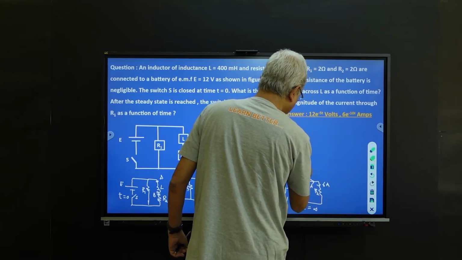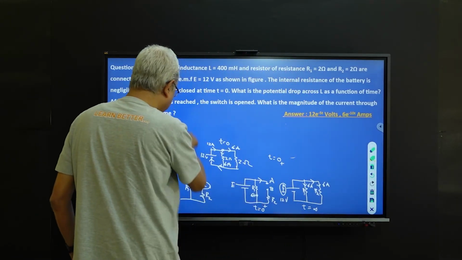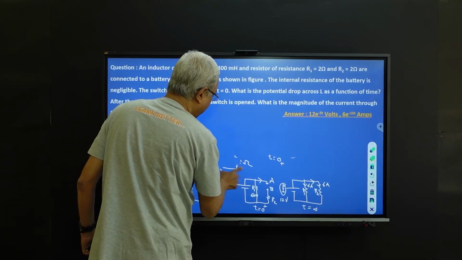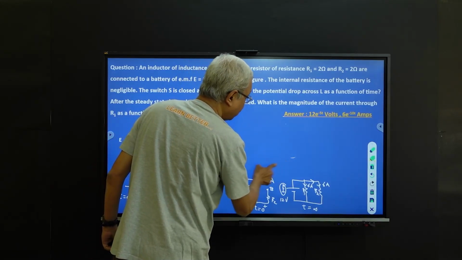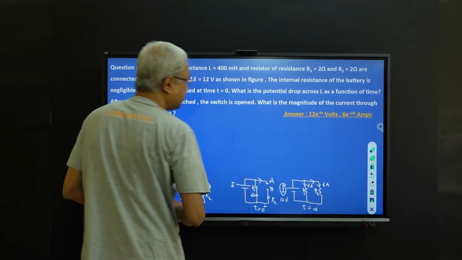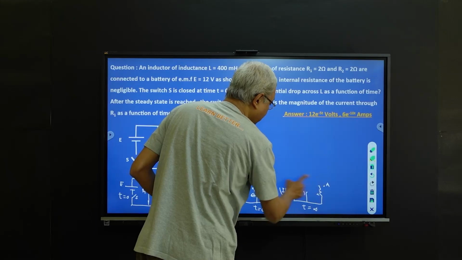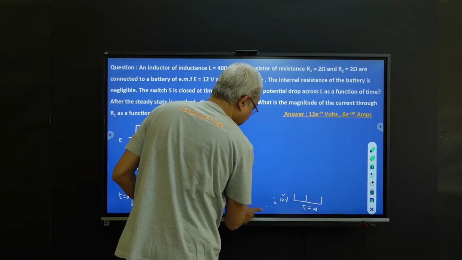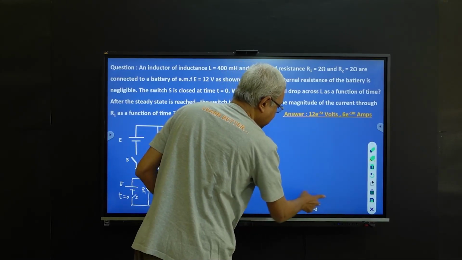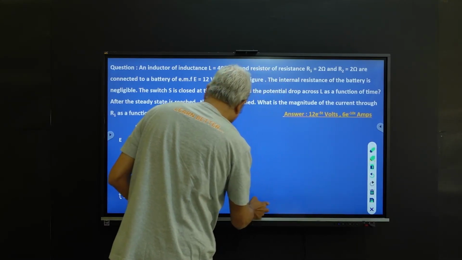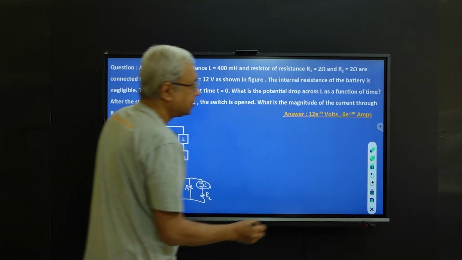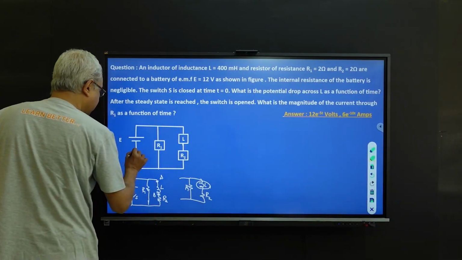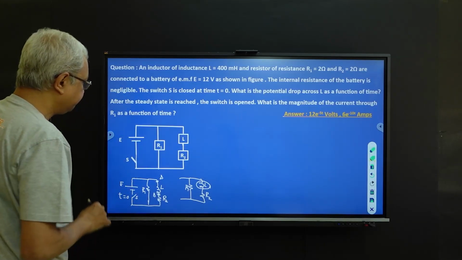At least we have understood that the current through this particular branch is a function of time after switch on, that means when the switch S is made on. Switch on means the circuit is made on, that means I get a through path for the circuit, something like this.